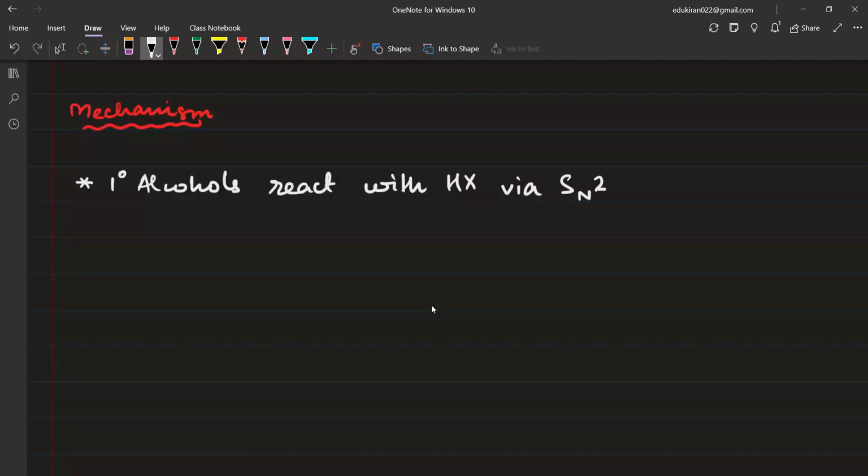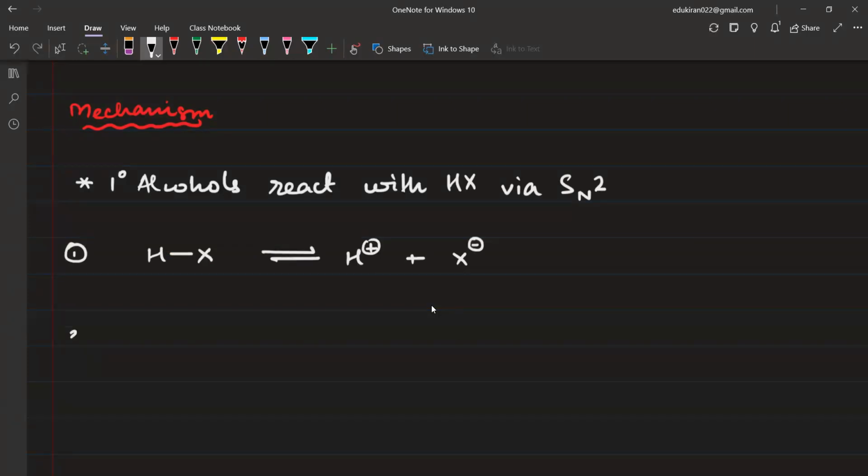Those who don't know SN2, please don't worry. The first step is the cleavage of HX. HX is going to break into H positive and X negative.